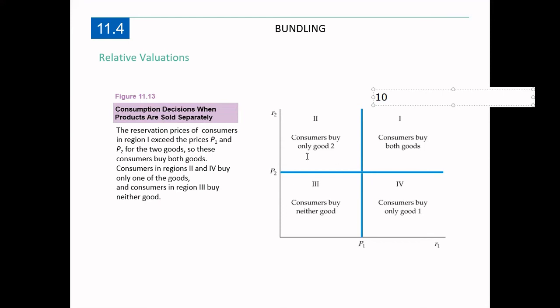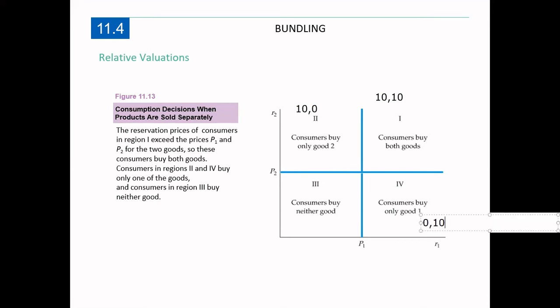But if I go to consumer 2, they are going to buy only product 2, where we are going to rent more. So I will buy, for example, for 10, and I'm not interested in this one. So it will be 0 and 10, but here I will not buy any of these. So this is what we call the matrix, where we can set prices according to the groups.